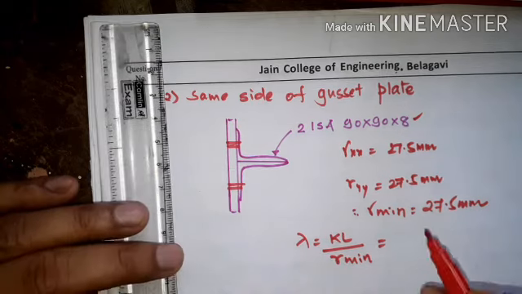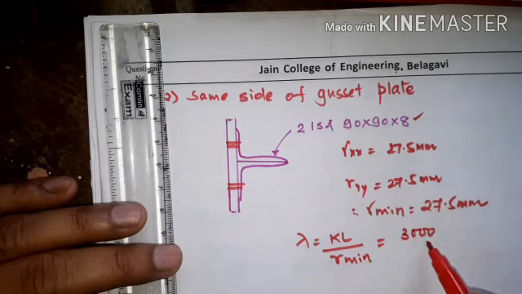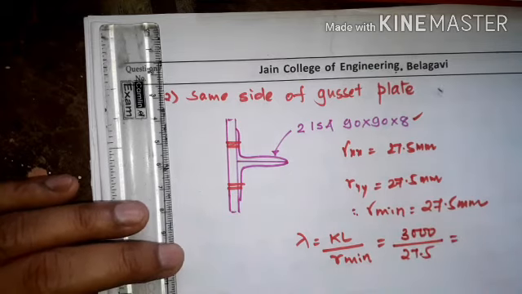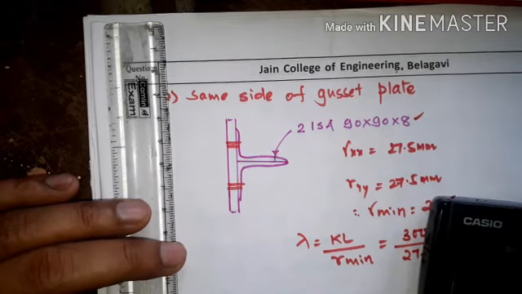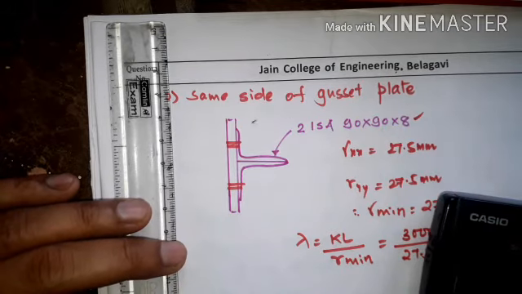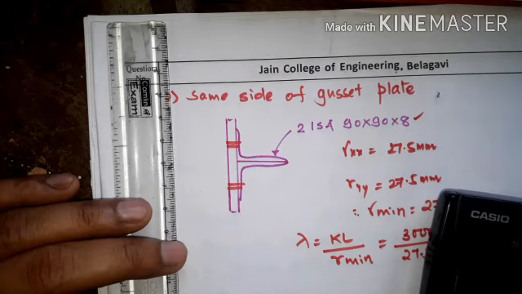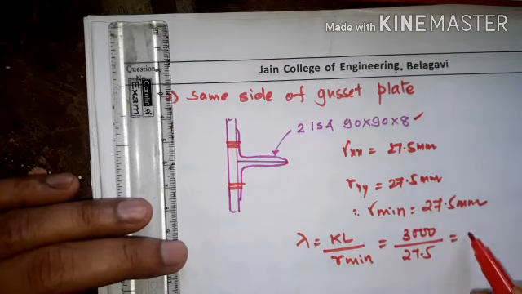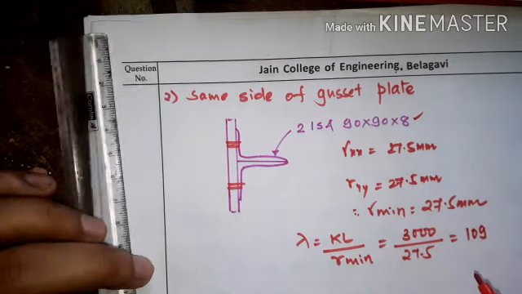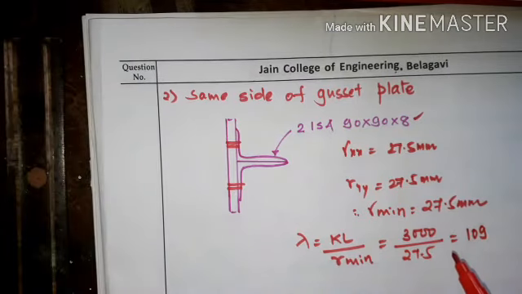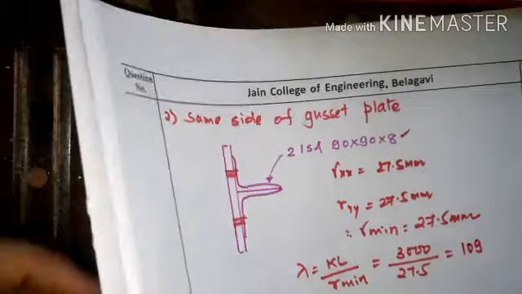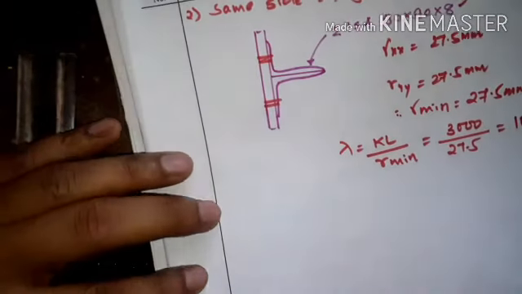So that is 3000 directly, divided by R, 27.5. So we will get lambda is equal to 109. Understood? Then again you have to follow the same procedure.